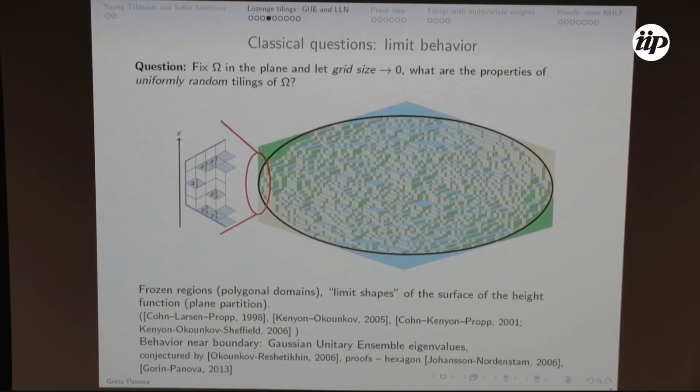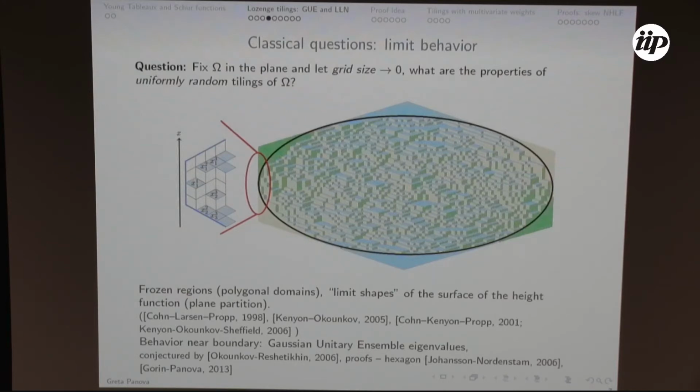So what do we mean? We take a domain in the plane and we let the grid size, the mesh size, go to 0, or we have a domain which is growing in a regular fashion that we can describe, and then we shrink things back, or we zoom into a region and we ask, how does it look?